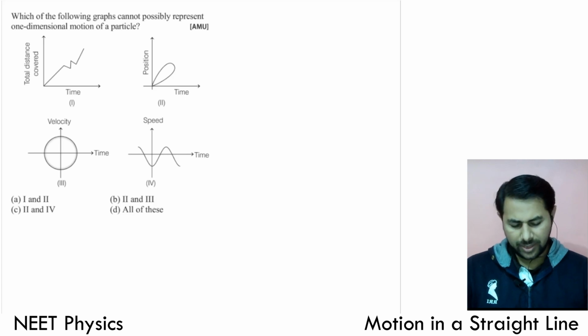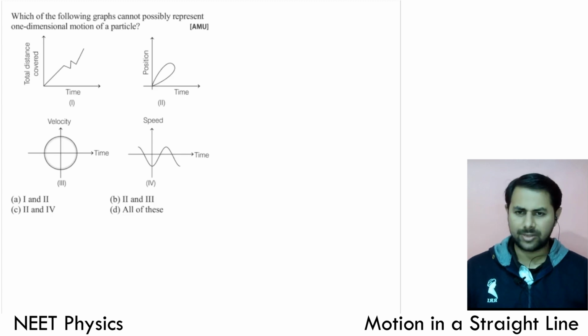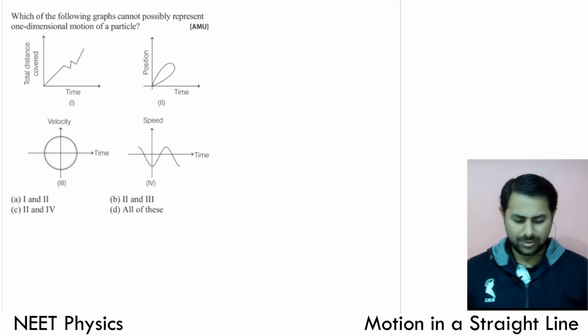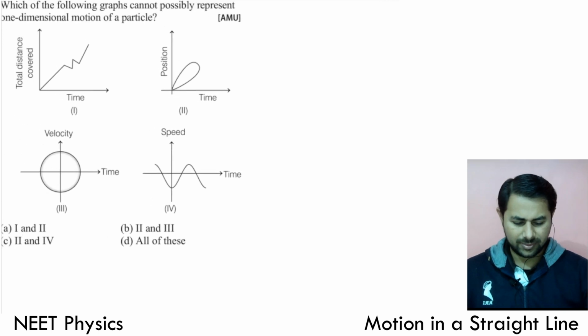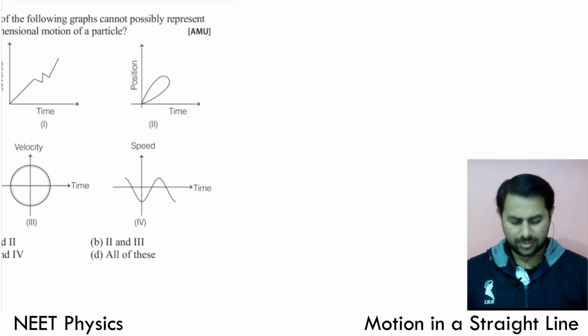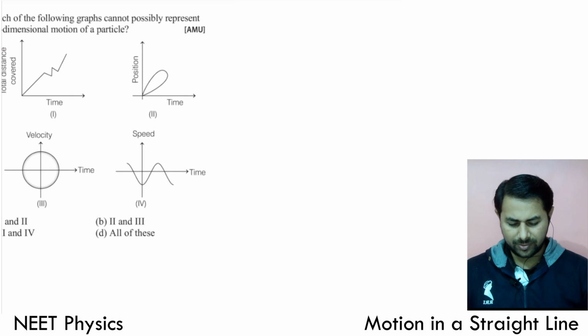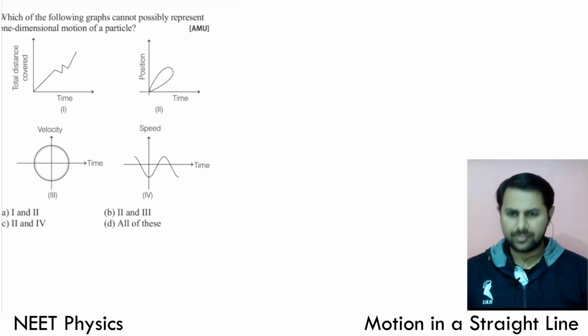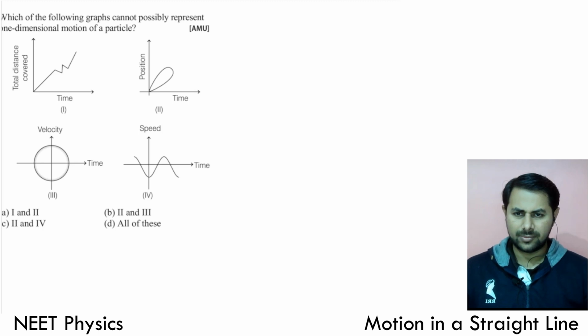B says 2 and 3. 2 and 3 don't represent one-dimensional motion. Why is it so? Yes, Yamini? Yeah, because at one time they should have only one velocity and only one position, right?